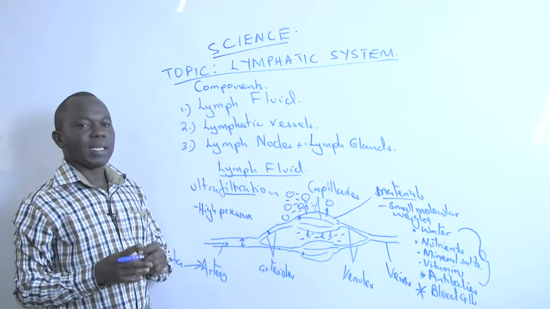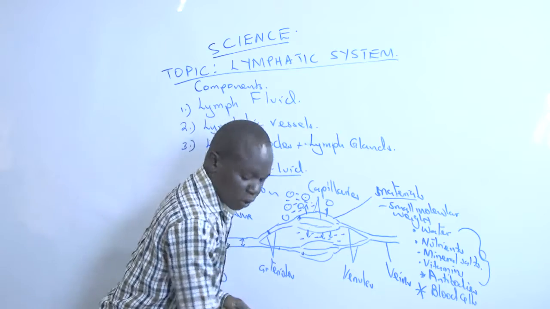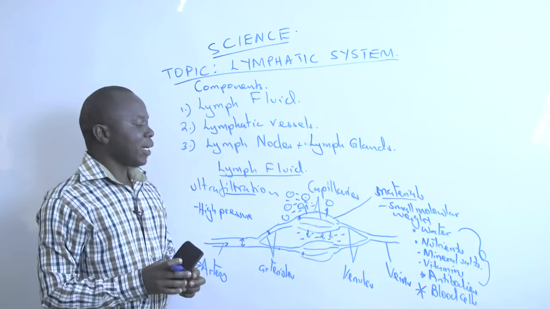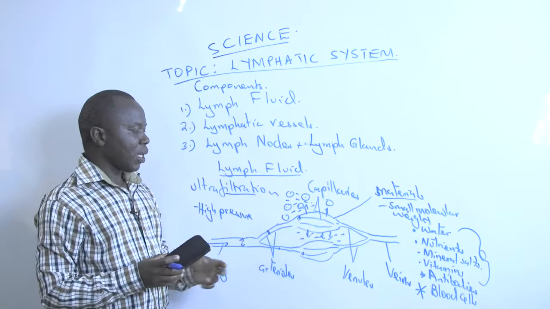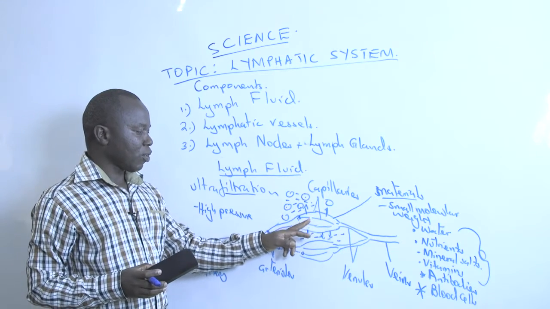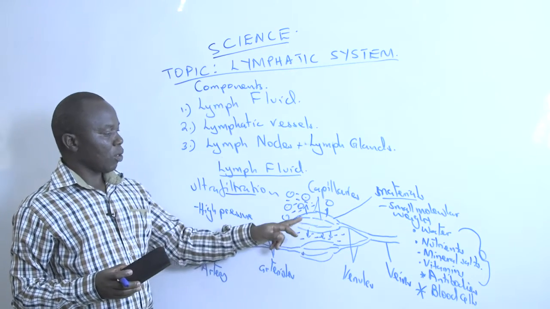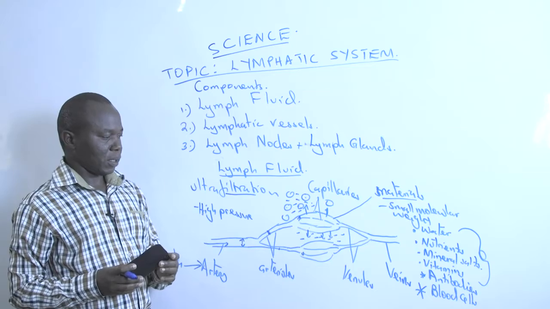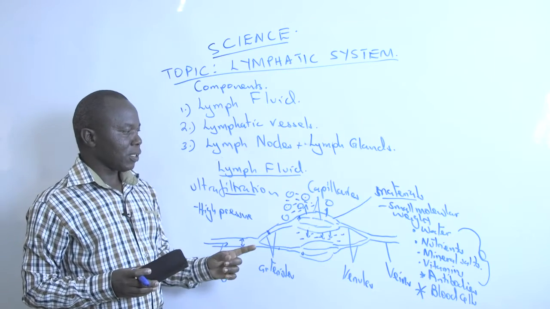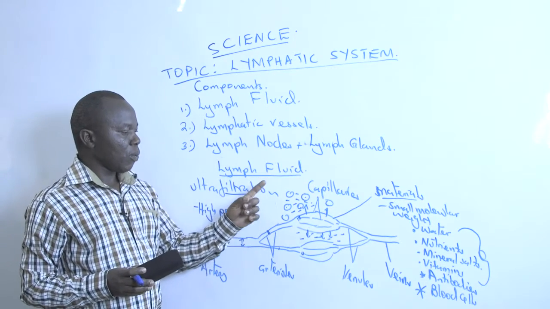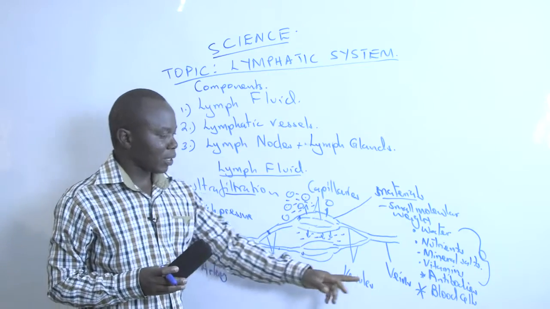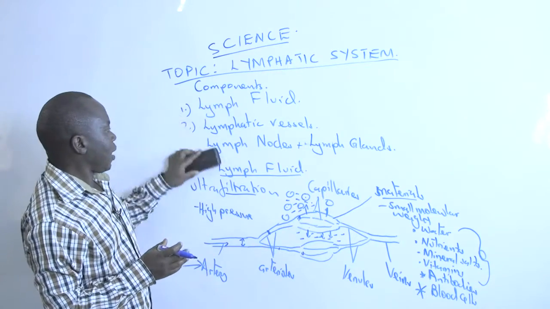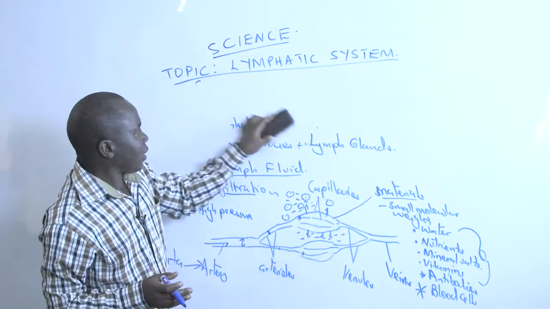The reason why it lacks blood cells is because blood cells are usually large in size. Because they are large, they cannot pass through the small pores of the capillaries. So you realize that lymph fluid will be colorless because it lacks blood cells such as red blood cells.